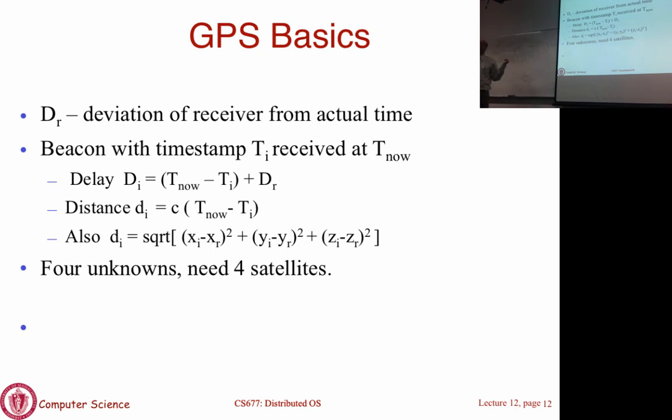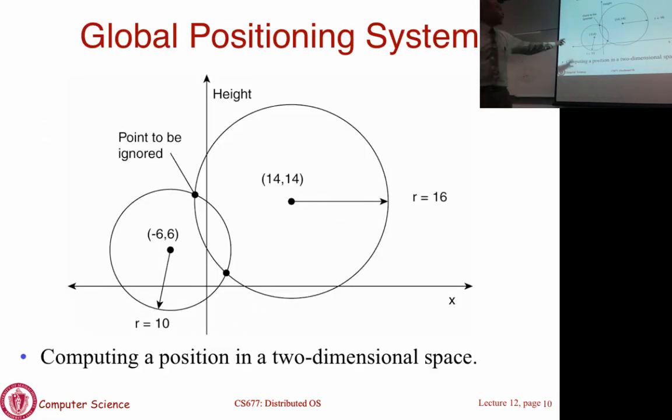But this is a nonlinear equation, so you will not get a unique solution, you will get multiple solutions. It's the same reason why the earlier problem gave you two different solutions, even though there were two unknowns, x and y.